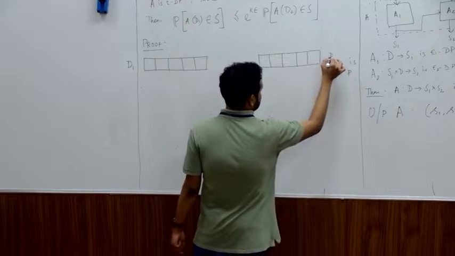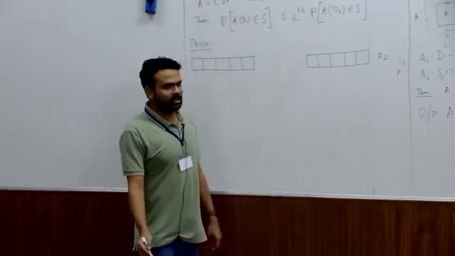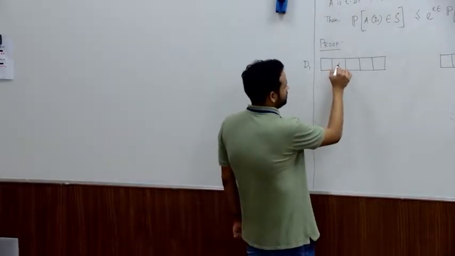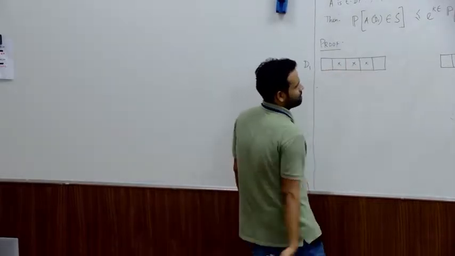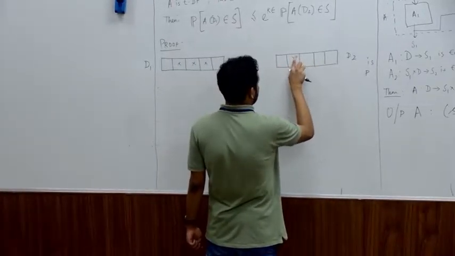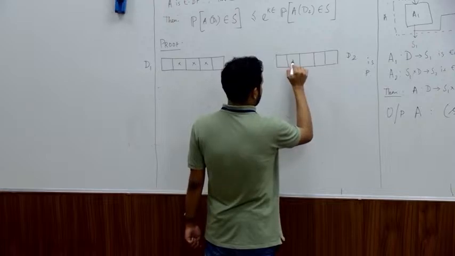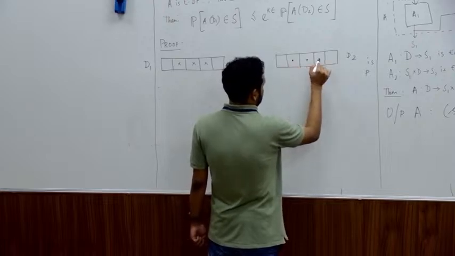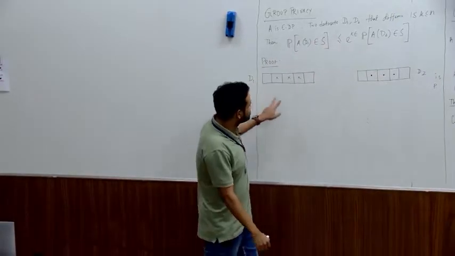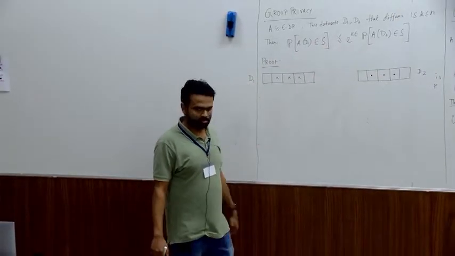It also has 5 entries. Now assume 3 entries are different in D1 and D2. Say this one, and this one, and this one. These 3 entries are different because k is equal to 3 here.